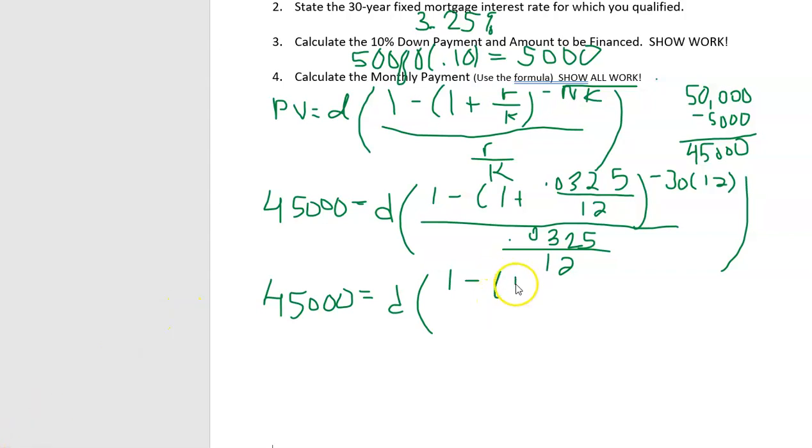That ends up giving me 1.002708333. Now remember, don't round this off. If you round off too early, you get way off. And while we're at it, let's multiply the exponent. Negative 30 times 12 is negative 360th power.